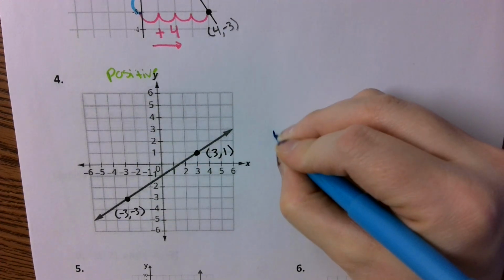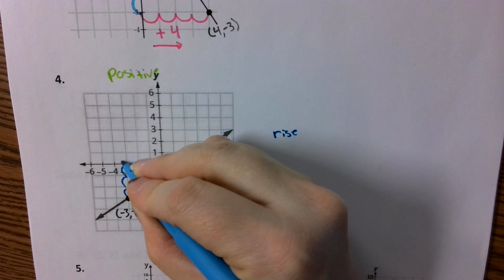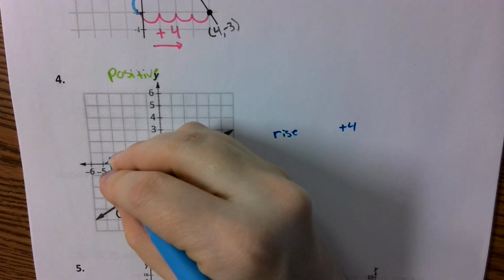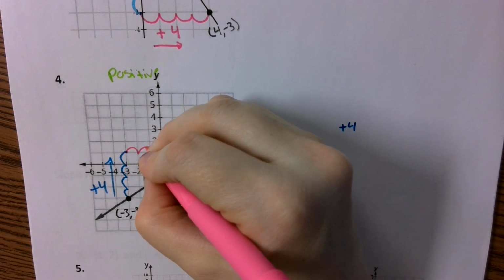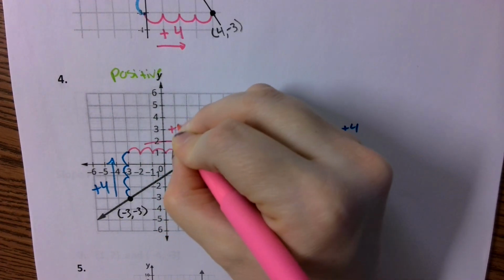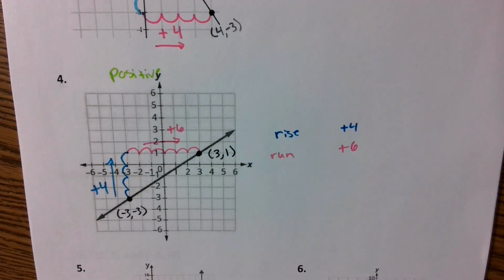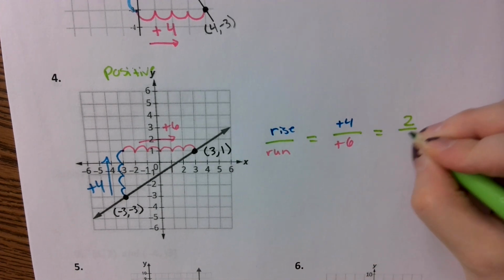For the rise, we happen to be going up 1, 2, 3, 4. So that is a +4 that we are increasing by. And then for the run, we are going 1, 2, 3, 4, 5, 6 to the right. So that is a +6 for the run. And again, we are going to go ahead and simplify those to 2/3.